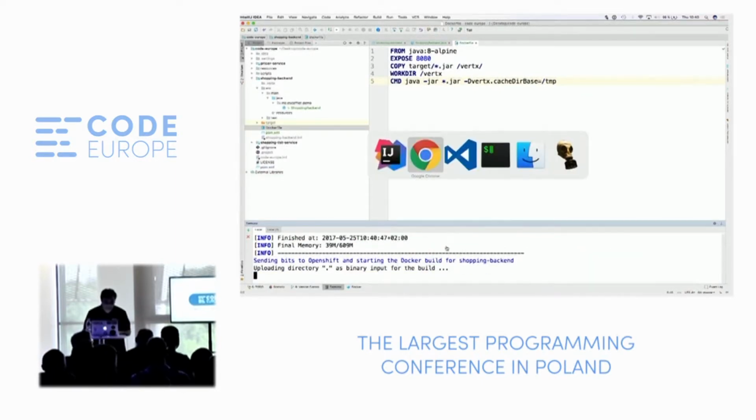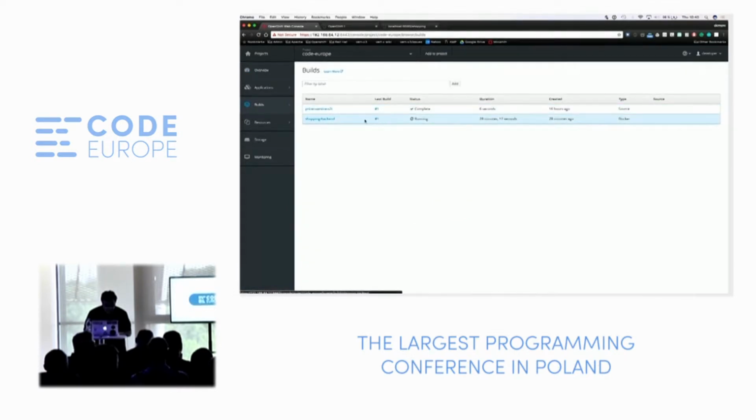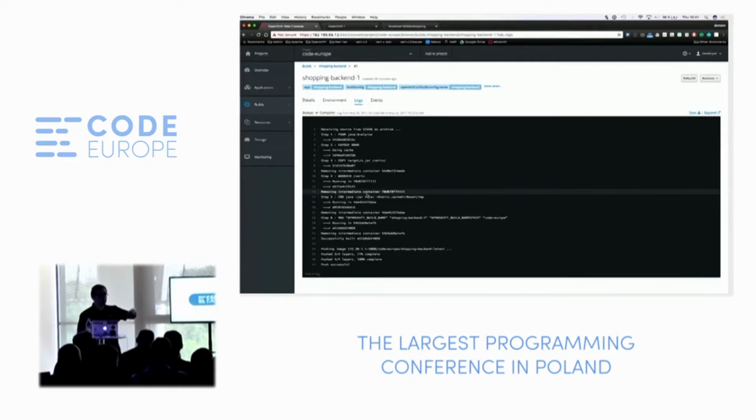And on the OpenShift side, if I go to build, I will see it's that one here that is running. And if I look at the logs, it's actually executing the Docker file. I didn't run Docker on my machine. Docker runs on Kubernetes. So that means that all the images and stuff like that are managed by Kubernetes, and the push at the end goes to the Kubernetes image registry.